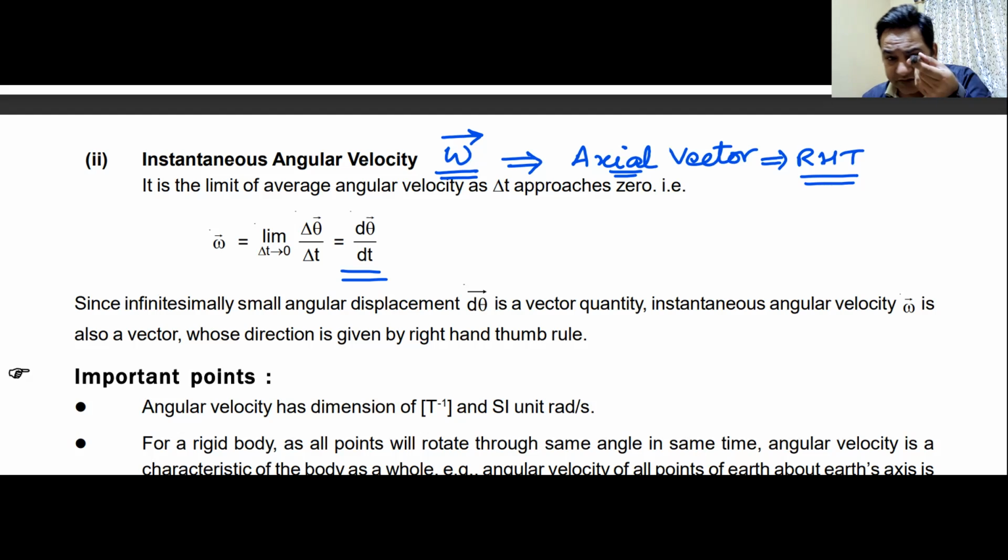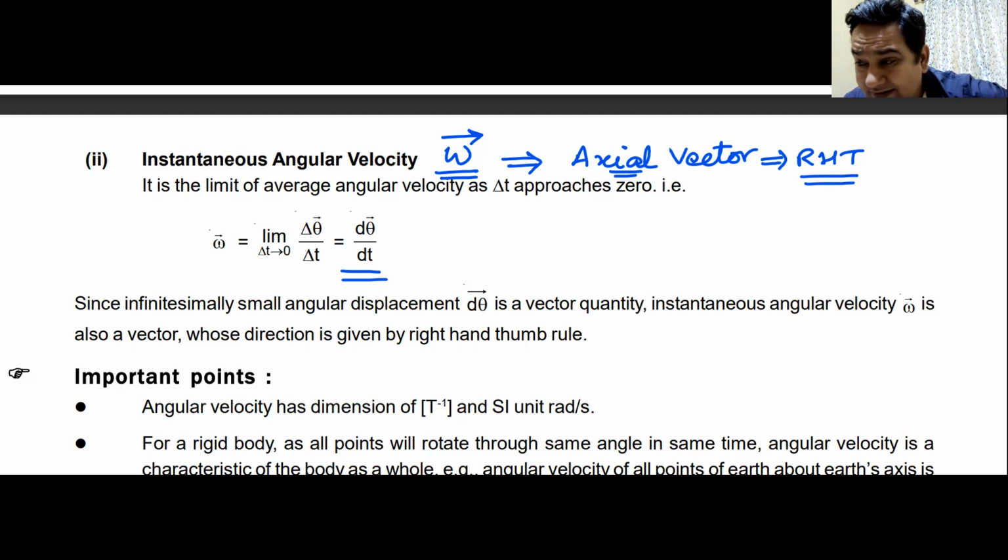If this is your positive z-axis coming towards you, something rotating on this axis rotates like this. If this is your negative z-axis, it rotates like this. This is how axial vectors are defined.